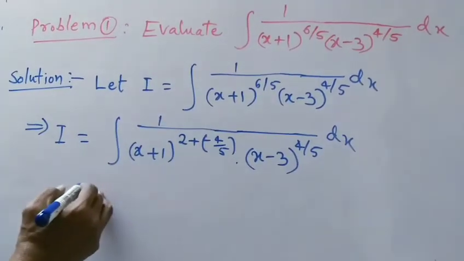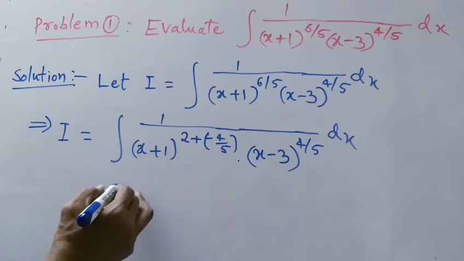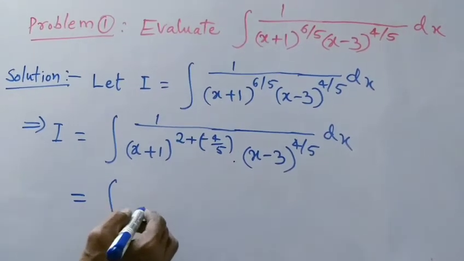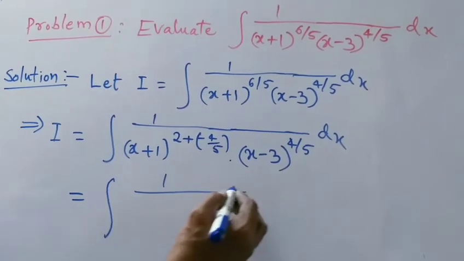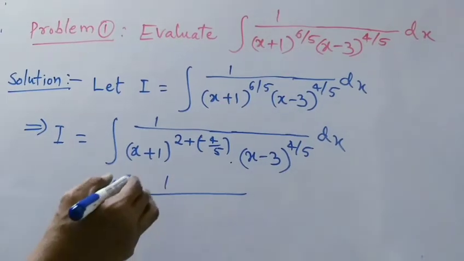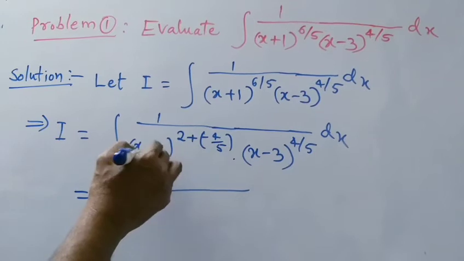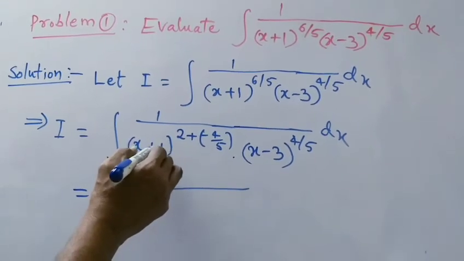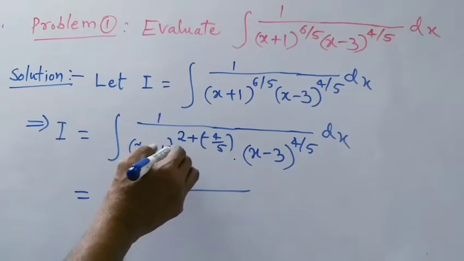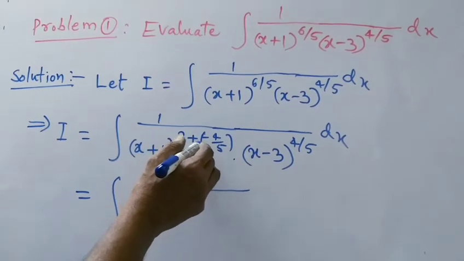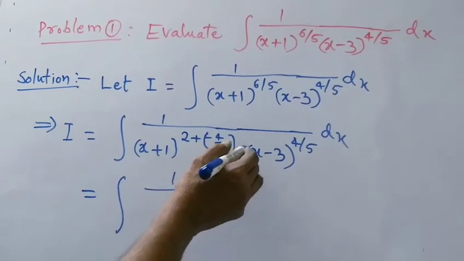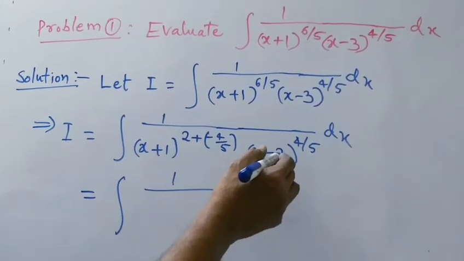This is equal to the integral of 1 by, here we can split it into two factors: x plus 1 whole to the power of 2 plus minus 4 by 5 into x minus 3 whole to the power of 4 by 5.